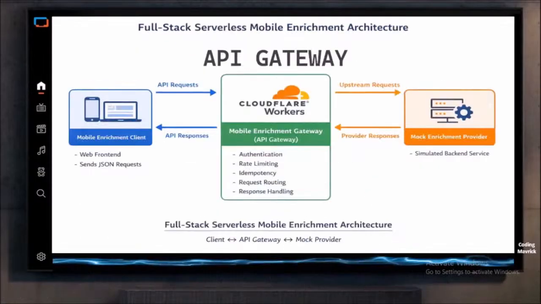So viewers, in this video, you will see how the gateway handles authentication, rate limiting, idempotency, and communicates with an upstream MOC provider while exposing a simple, consistent API to the client. So let's dive into the development and see how these concepts are implemented in code.